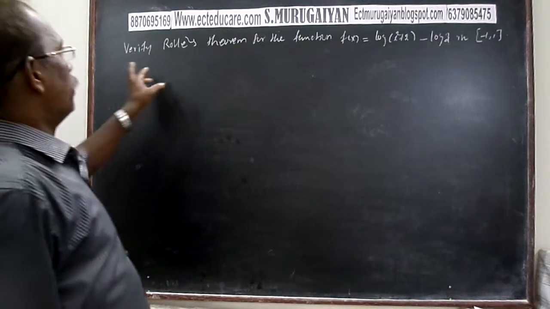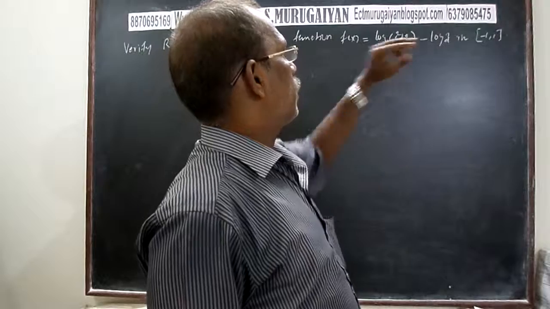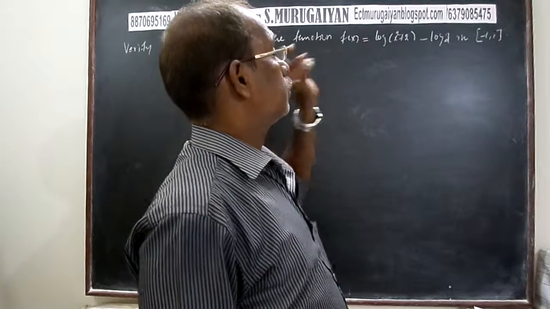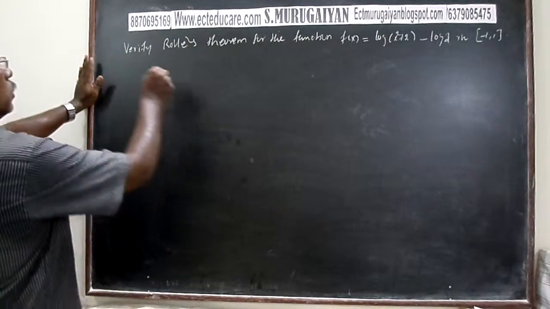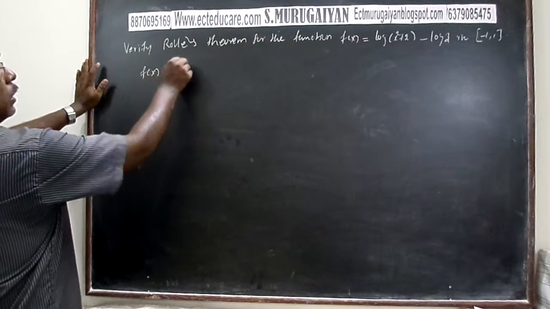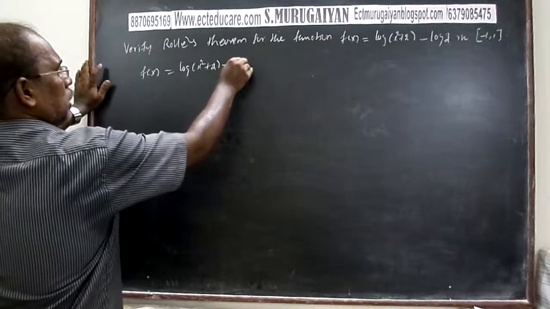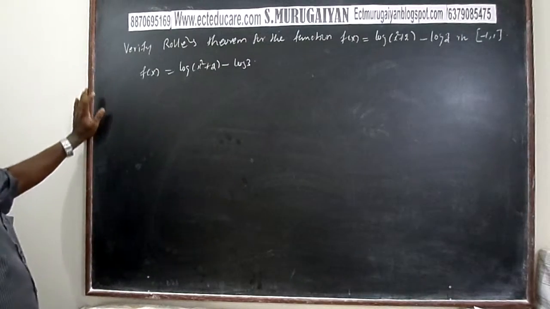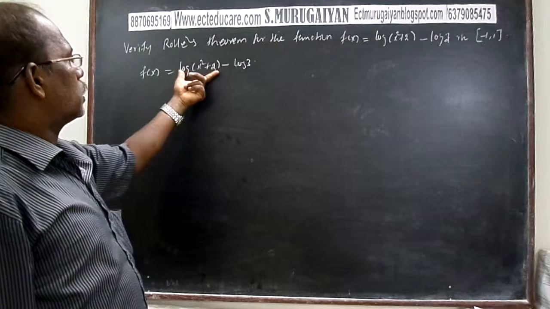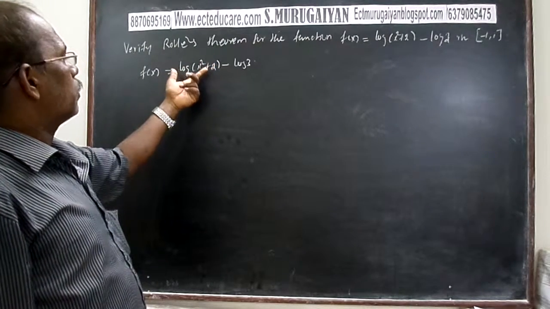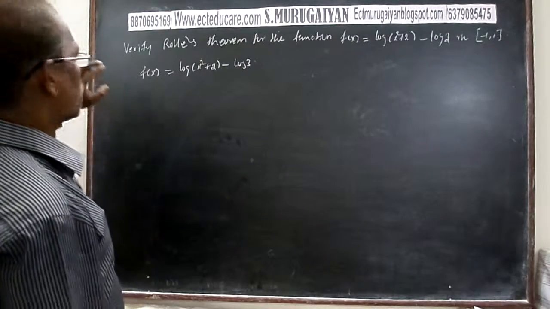Next question. Verify Rolle's theorem for the function f of x equals log of (x square plus 2) minus log 3 in the closed interval minus 1 comma 1. So f of x is log of (x square plus 2) minus log 3. Log of (x square plus 2) is a continuous function. A continuous function plus or minus any constant is again a continuous function.